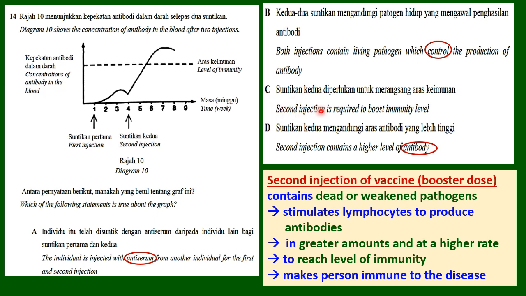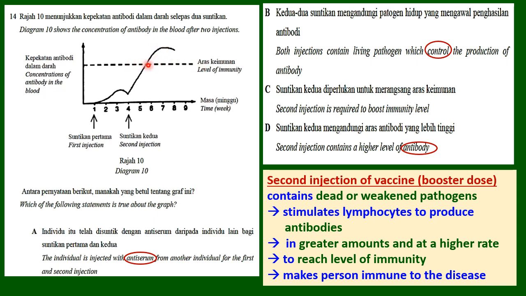C, second injection is required to boost immunity. Correct. So you can see here that after first injection, the level of antibodies is still very low. But after second injection, the level of antibodies rose very quickly, at a faster rate and in greater amounts. It rose very quickly above the level of immunity, right?